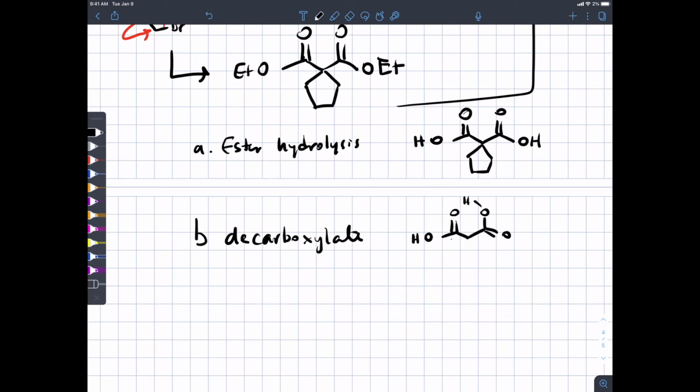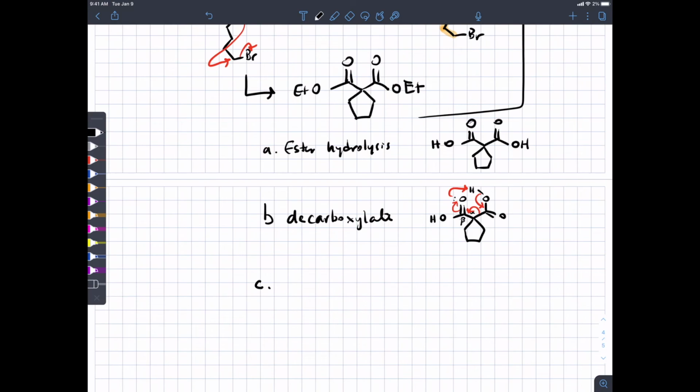The key is that there is a carbonyl that's beta to one of the acids. So we can draw this happening. I'm going to draw it all at once. Remove the proton, kick down, kick off the leaving group, make the enol.